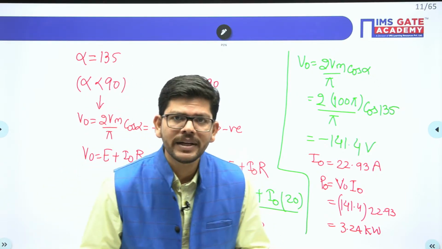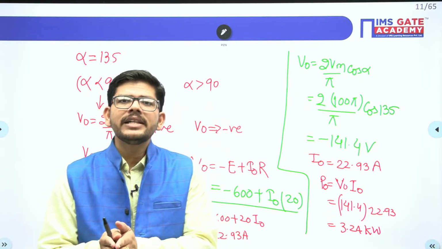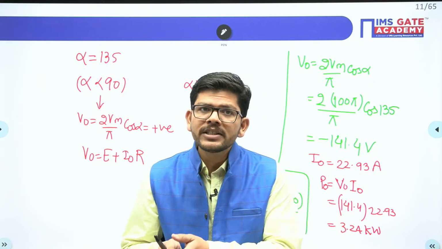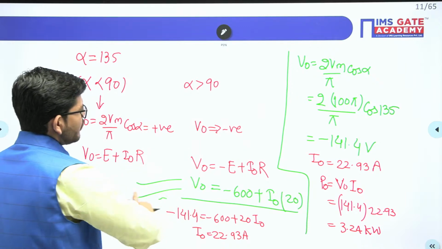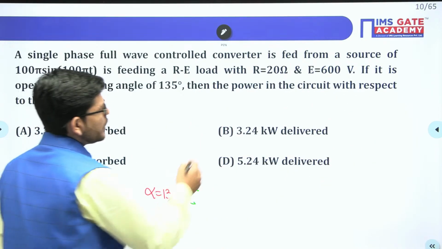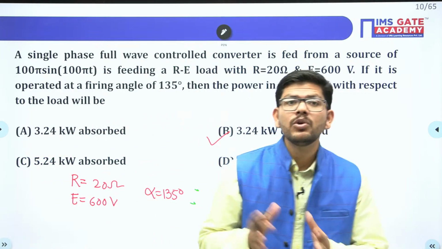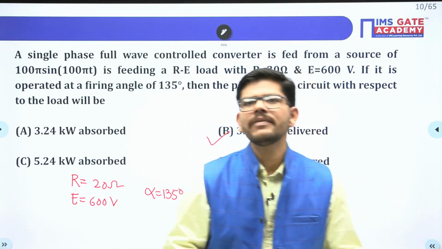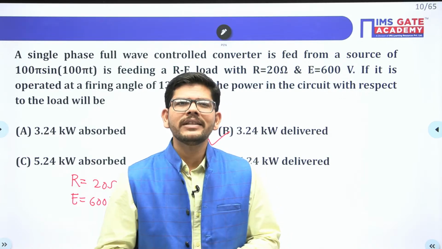So the load must be feeding whatever DC it has to the source. The load must be delivering the power to the source. So the answer is 3.24 kilowatt of power delivered. In this case, the load will be delivering the power to the source. That will be the correct answer. This is how we will solve this case.